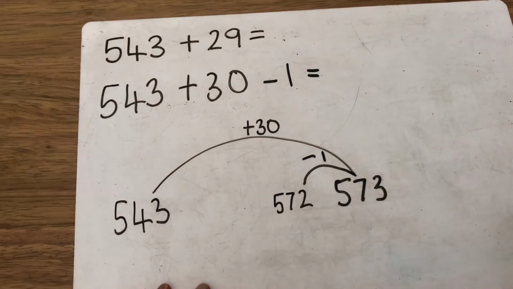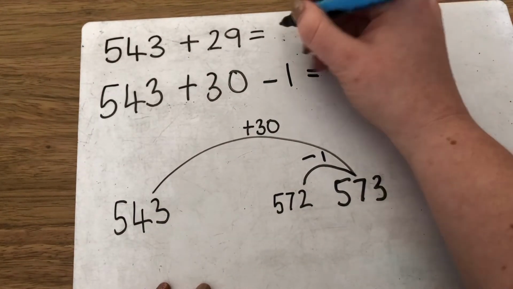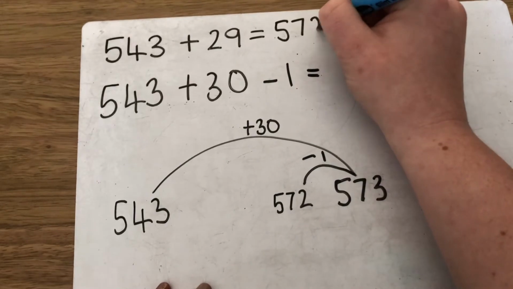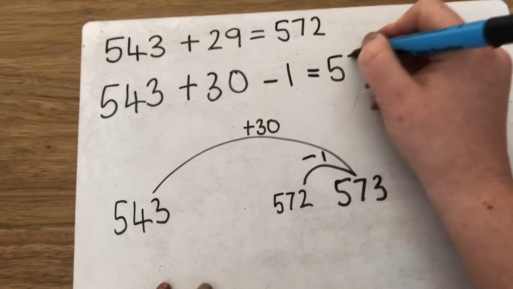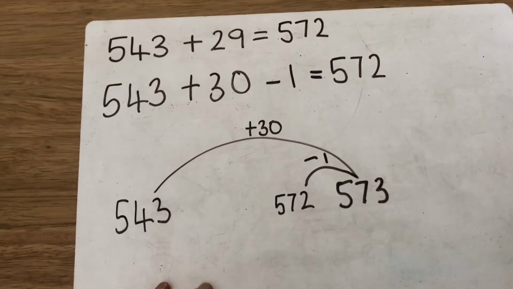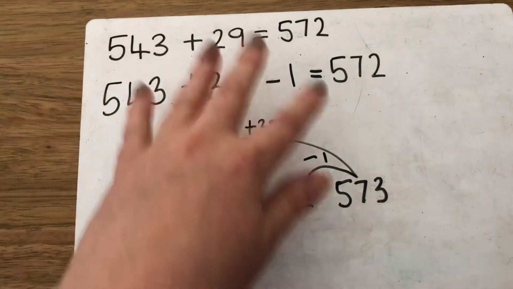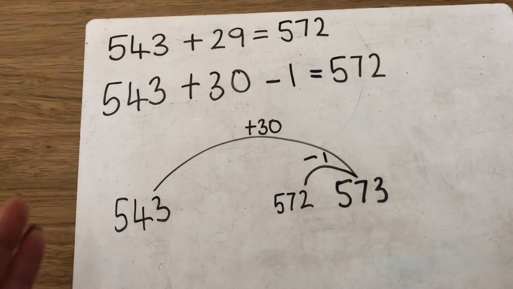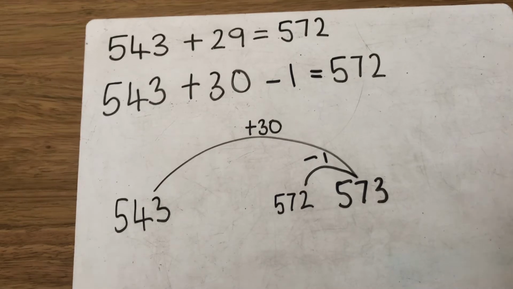And don't forget, we can't leave our number sentences unbalanced, so we would write the answer here. This is something that we can do for any number that we are adding that is close to a multiple of 10, and it's such a quick way of doing it, a good mental strategy as well.